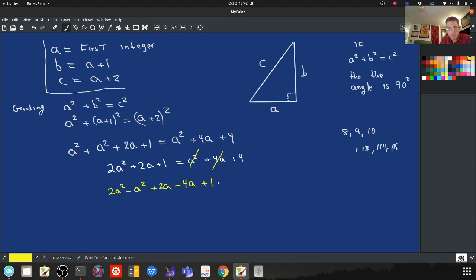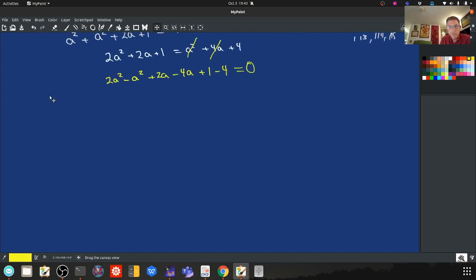Then I'm going to move my 4 over, and it becomes minus 4, and it's all equal to 0. So this is nice. 2A squared minus A squared is A squared. 2A minus 4A is minus 2A. And plus 1 minus 4 is minus 3, equal to 0.